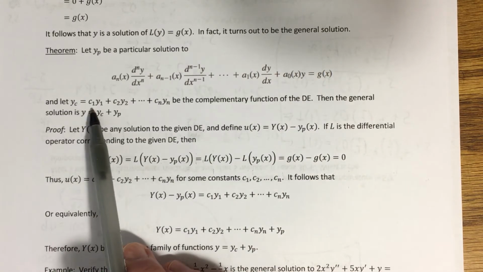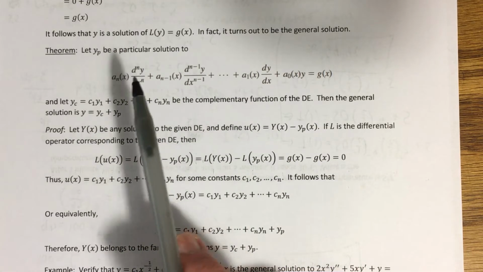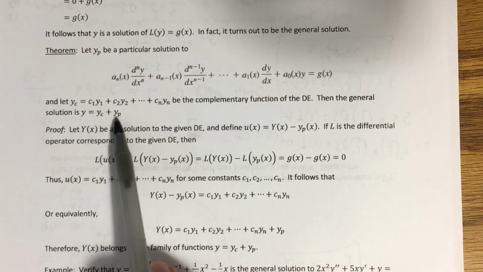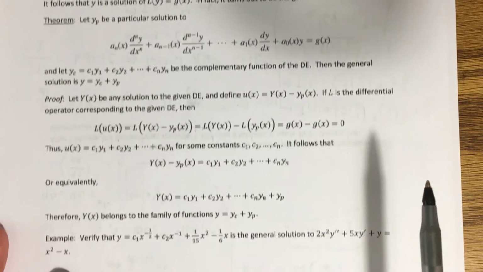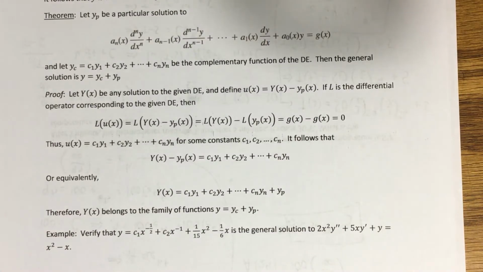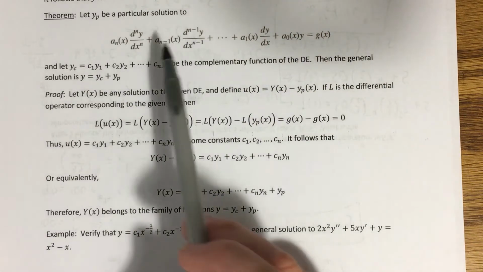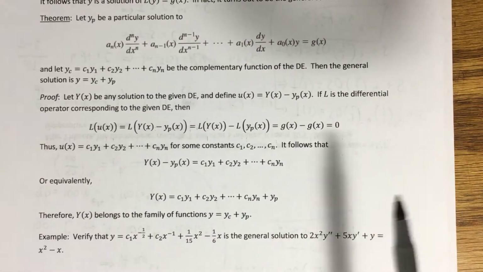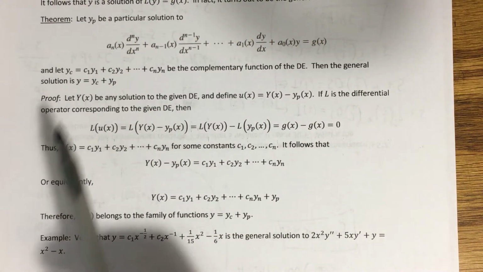If you have the complementary function that goes with it and have found one particular solution to it, then y equals the complementary plus the particular is the general solution to this whole thing. Now, how do we show that? Well, what I do is I say, let's suppose we have some arbitrary solution to this DE up here. I want to show that that arbitrary solution takes on this form somehow. So I'm doing that here.